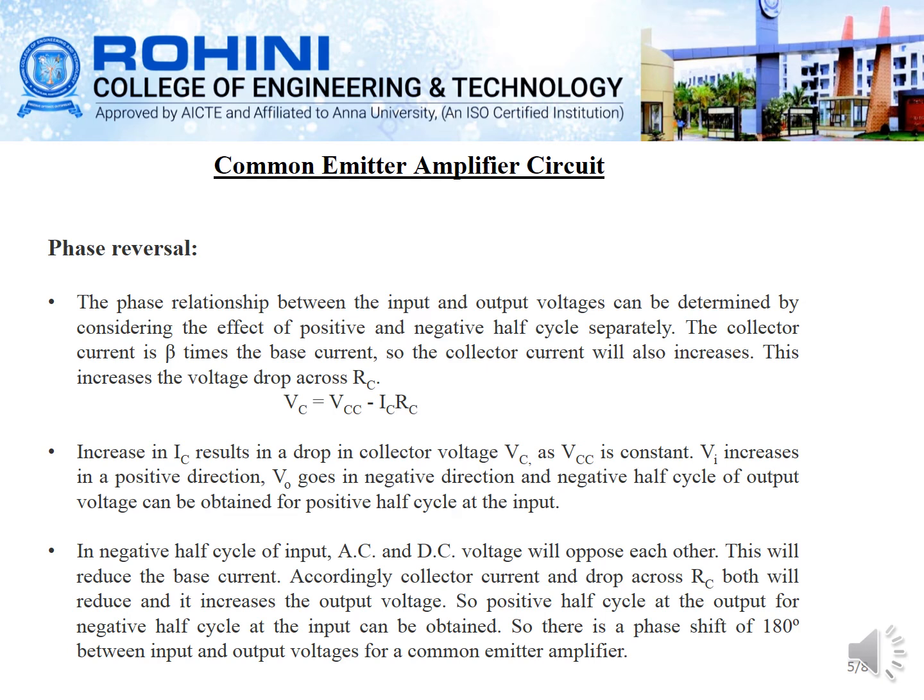Due to this, the collector current will decrease, and the output voltage finally increases. So in this case, the positive half cycle at the output is obtained for the negative half cycle at the input. So there will be a phase shift of 180 degrees between the input and the output voltage for a common emitter amplifier.